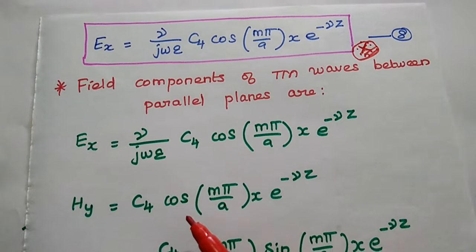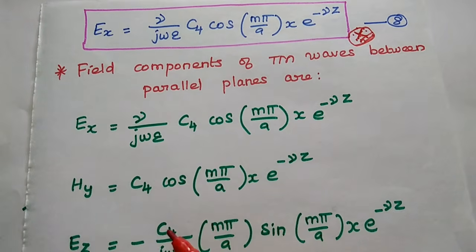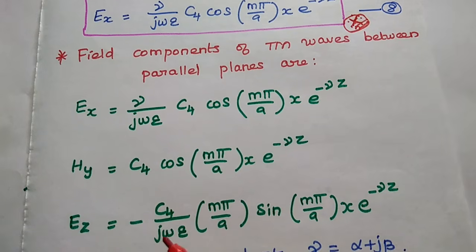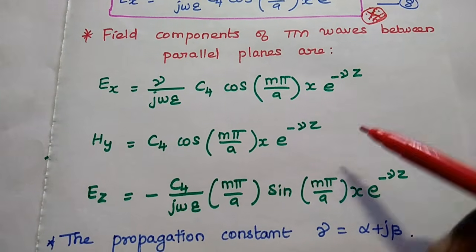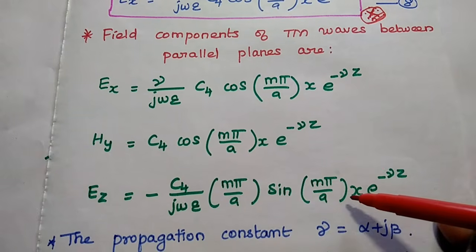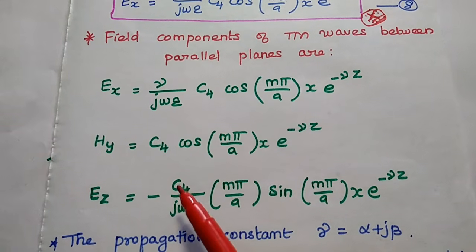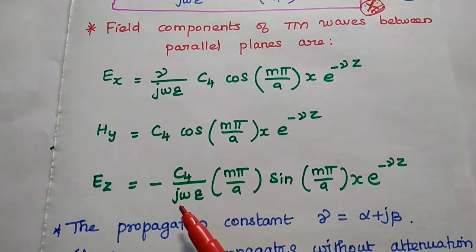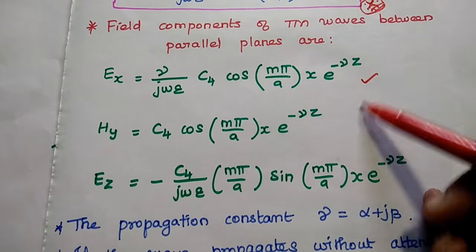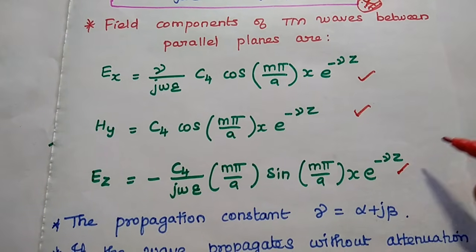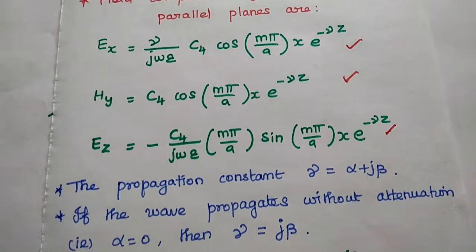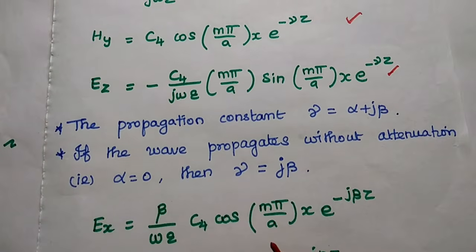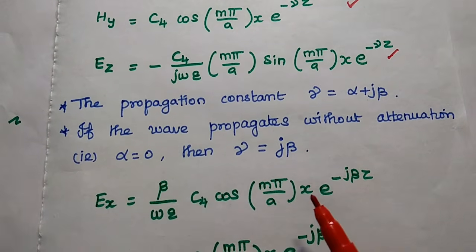So we have obtained all the field components of TM waves between parallel planes. From equations 6, 7 and 8, we can list out the field components as Ex, Hy and Ez. Okay, so these three are the field components of TM waves between parallel planes. For further simplification, you can consider the propagation constant.